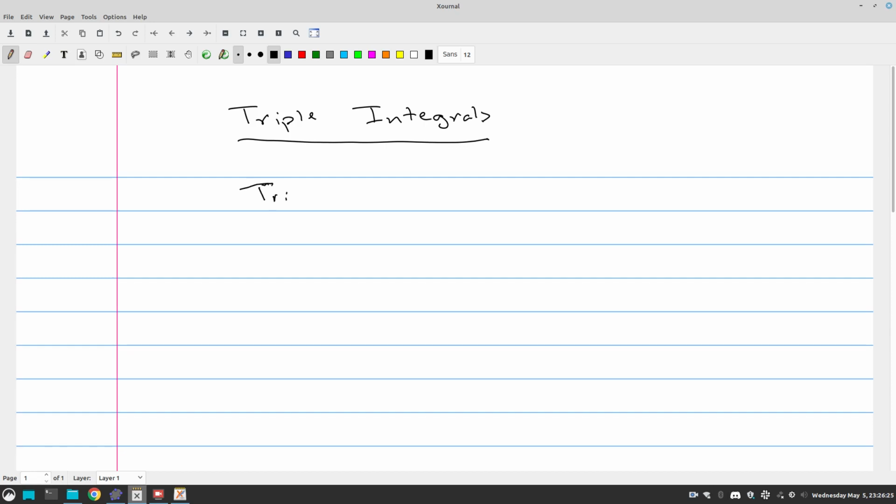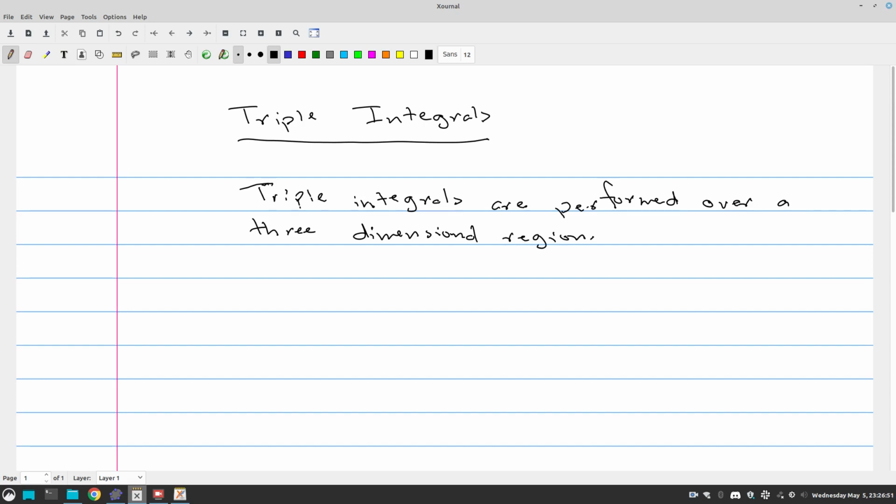Triple integrals are performed over a three-dimensional region.